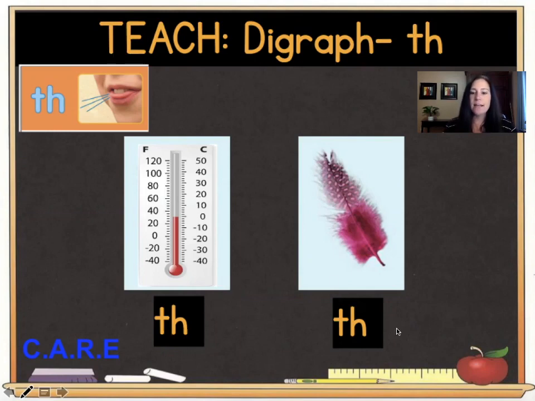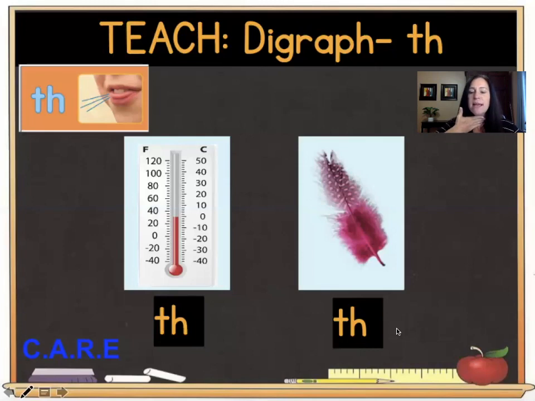The second sound that TH represents is the th sound. And that sound is a voiced sound. And we've talked about voiced sounds before. If it's a voiced sound, you can take your hand, put it on your neck, and you can feel your voice box kind of move in there or vibrate.